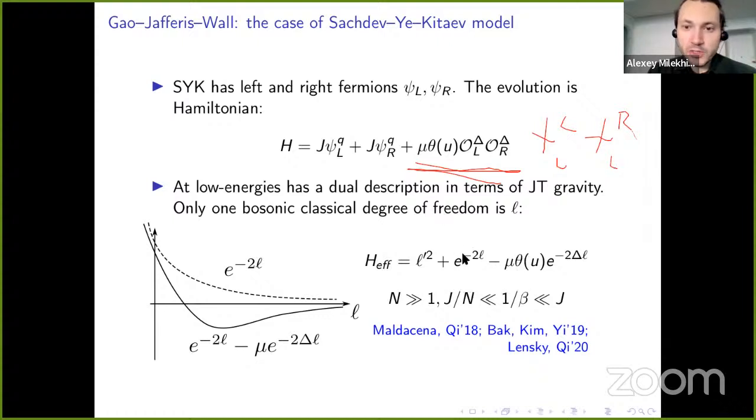But long story short, at low energies and at large N, this model can be reduced to basically one effective classical degree of freedom, with the following effective Hamiltonian. L is some bosonic variable.